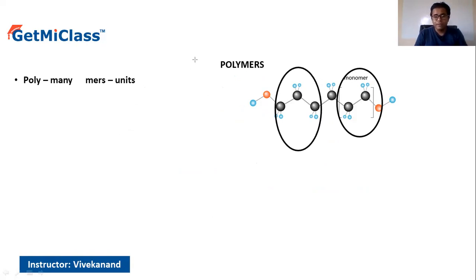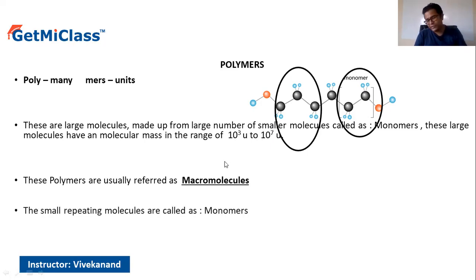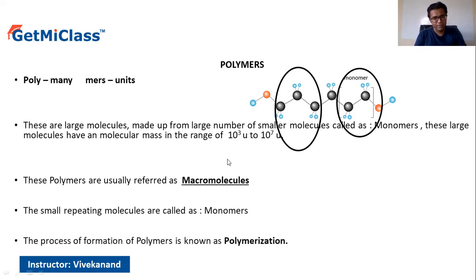These smaller repeating units we call monomers, and the bond between two monomers is the covalent bond. Due to this, these have a larger molecular mass, ranging from 10 raised to 3 to 10 raised to 7 u. They are also called macromers because of their huge molecular mass, while the smaller repeating units we call monomers, which we have already seen.